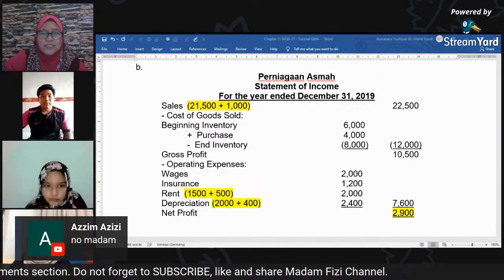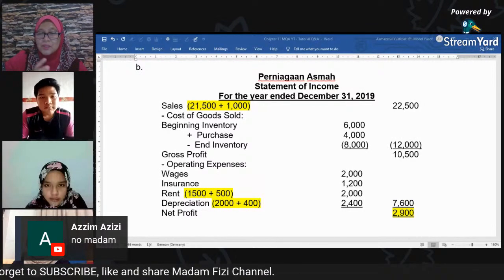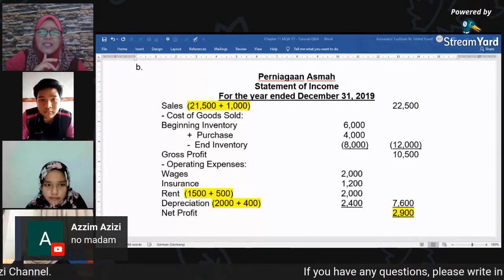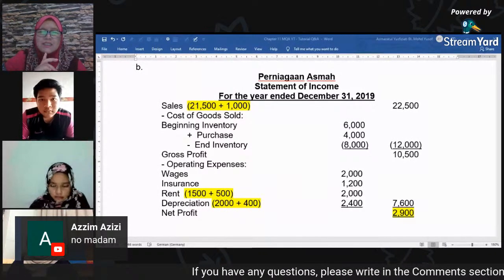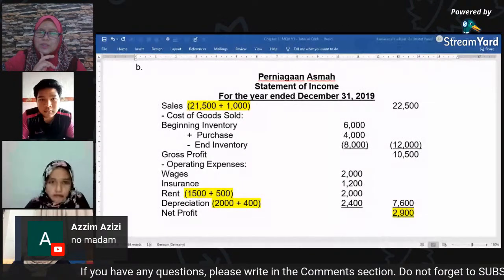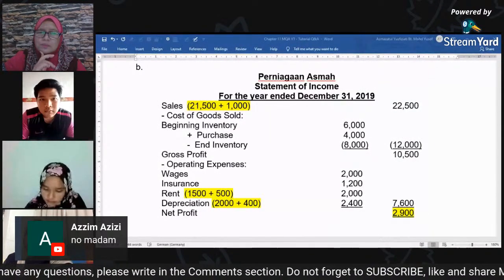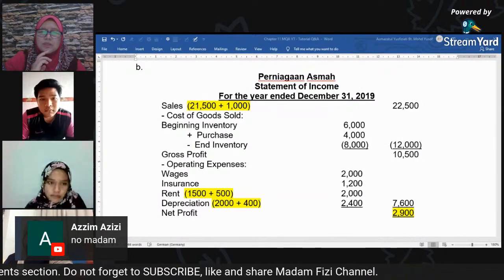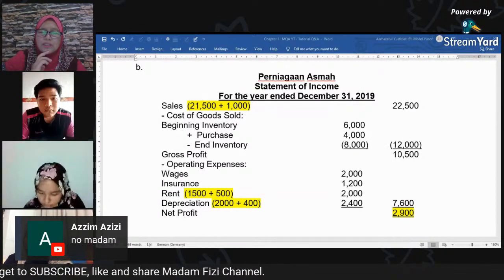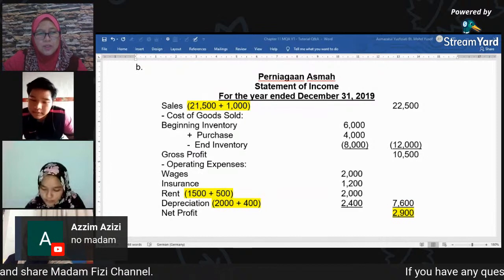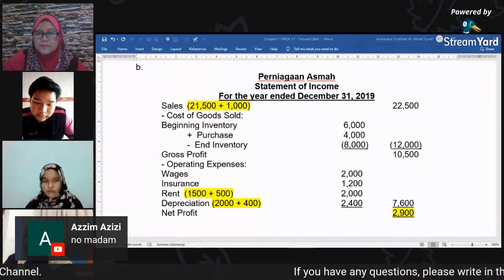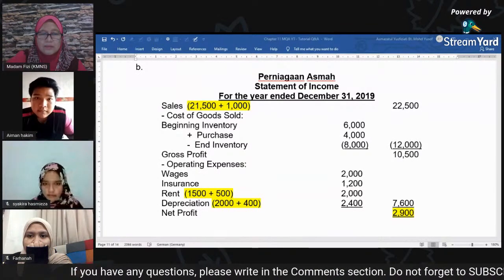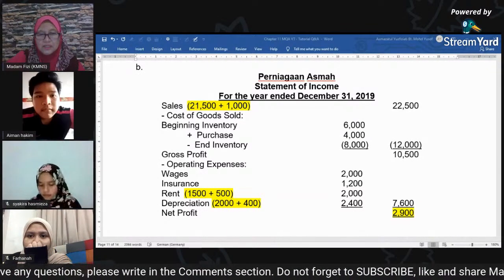So what is your answer? Salah. Itu 10, 8 minus is 2000. Okay, student, what is your answer? Is it same with me or not? Aiman, what is your answer?